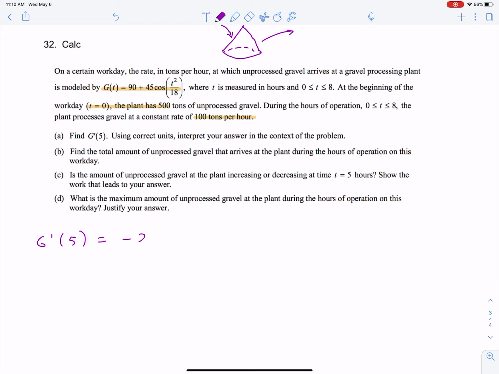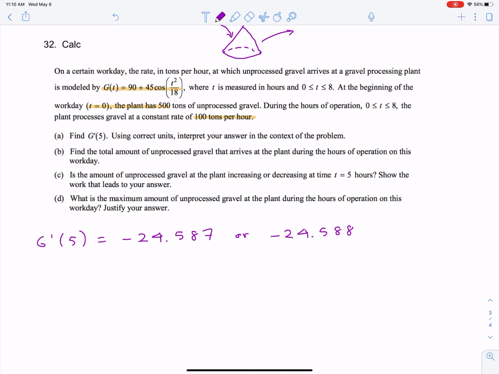I get negative 24.587, or, that's terrible, or negative 24.588.